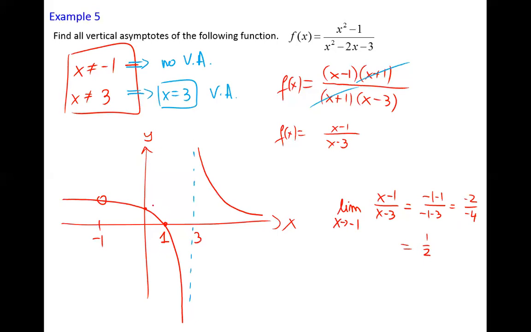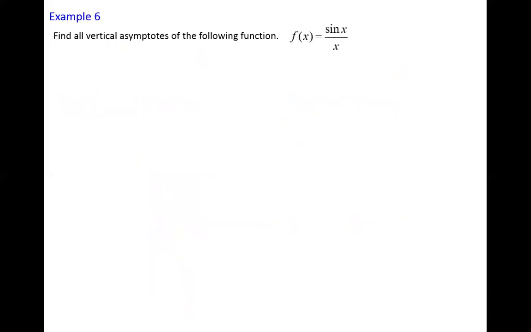That means this is the value 1/3, but this dot is 1/2. And you can check the limits at 3 from the left and the right-hand side. But the answer for this one is again only 3, x equals 3 is an asymptote. And I have one more.